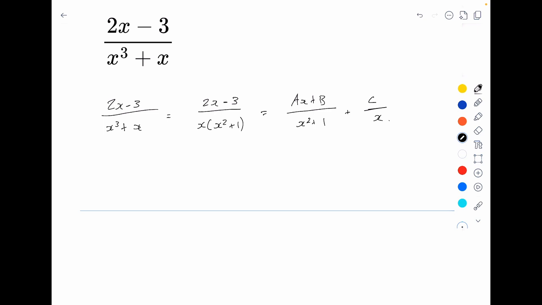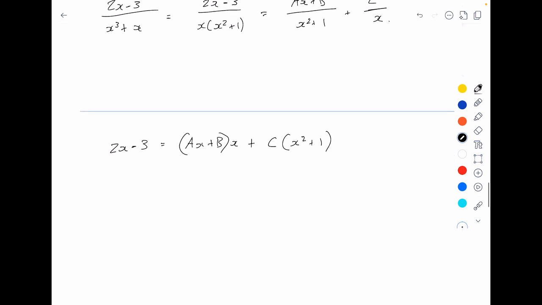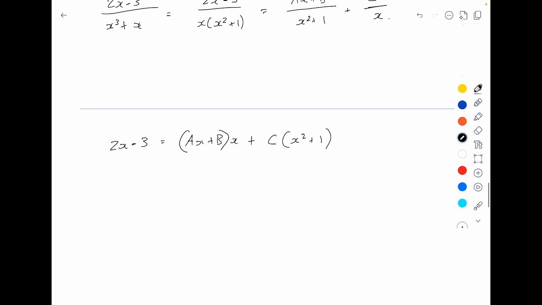Now we can just say the following. 2x minus 3 is going to equal ax plus b times x, plus c times x squared plus 1. Let's multiply this out.